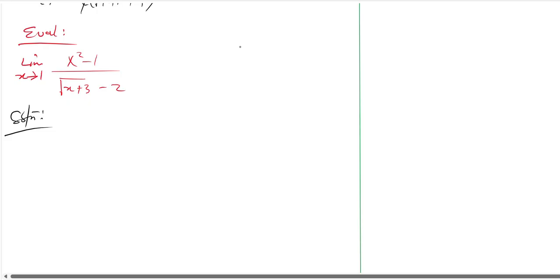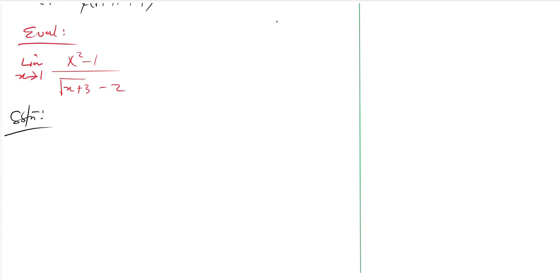Let's try direct substitution. If we try direct substitution, at the top we are going to have 1 minus 1, because 1 squared is 1, minus 1 is 0, and 1 plus 3 is 4, so we have root 4. Root 4 is 2, 2 minus 2 is 0, and it will be indeterminate. So direct substitution doesn't work.